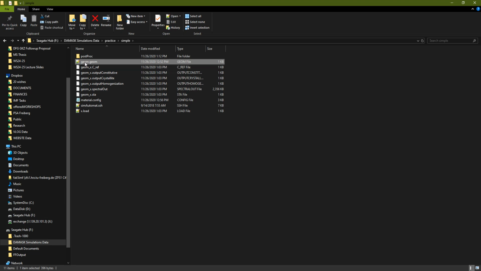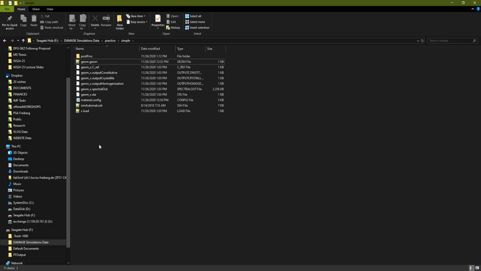It can have any name but should have the extension .geom. Then we have a material config file. It should have exactly this name, material.config. And the third file is the load file. It can have any name, but, for example, it has the extension .load.